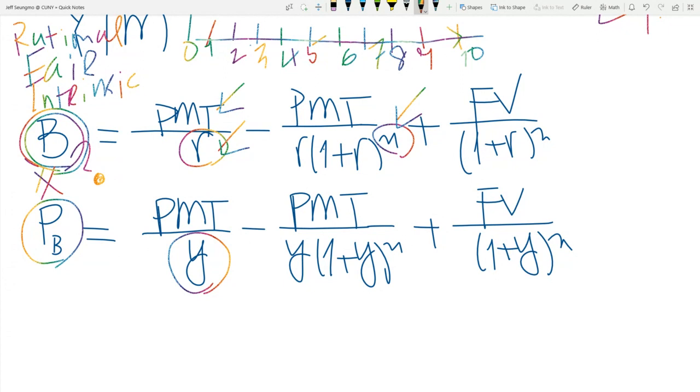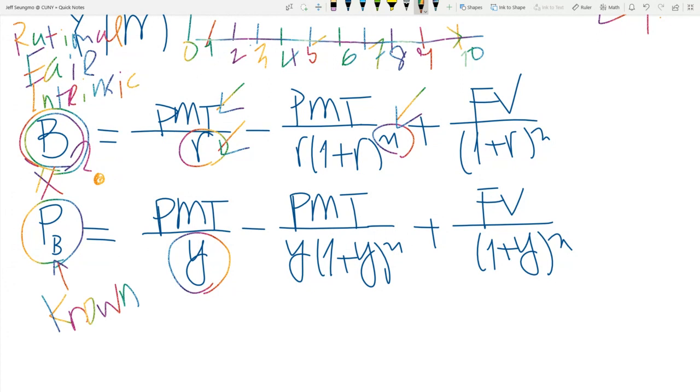But in the second equation, this is not the unknown, this is known, right? Why? Because it's the market price. You can look up the market price. It's the result of the transaction every day, right? So you can look it up.